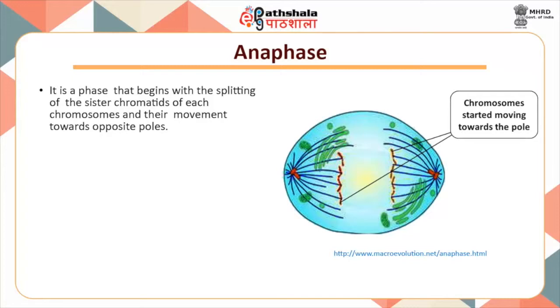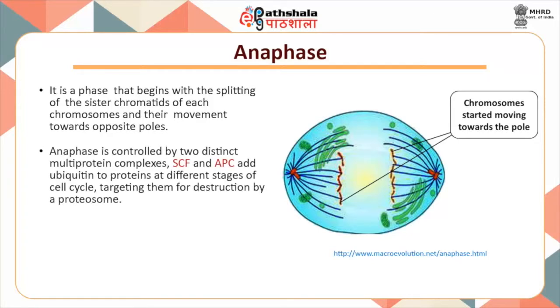Proteolysis also plays a major role in this cell cycle progression. Various biochemical and genetic approaches have been applied to gather information on the mechanism responsible for the initiation of anaphase. Anaphase is controlled by two distinct multiprotein complexes, SCF and APC.